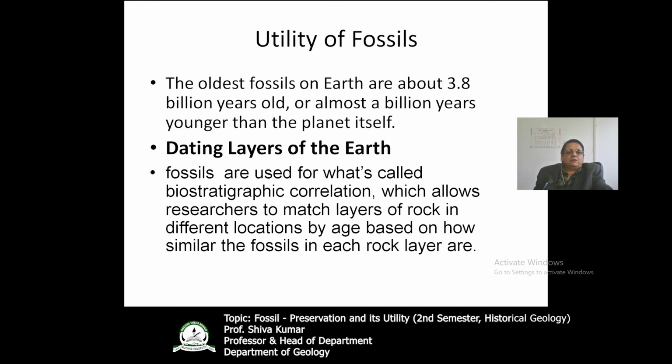Now, dating layers of the earth. Fossils are used for what's called biostratigraphic correlation, which allows researchers to match the layers of rocks in different locations by age, based on how similar the fossils in each rock layer are.